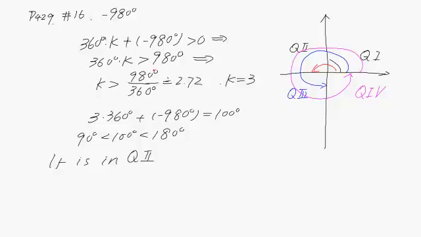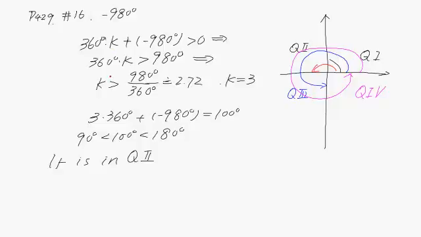So this is how we tell the quadrant that a given angle is in. First, you find an angle which is coterminal with the given angle with a degree measure between 0 degrees and 360 degrees. How to do this? You set up an inequality, making this angle greater than 0, and solve this simple inequality.